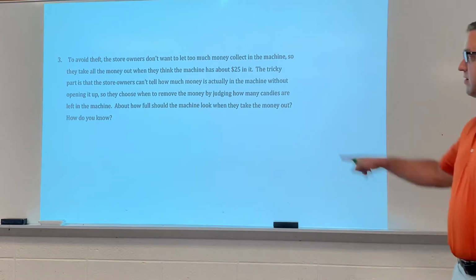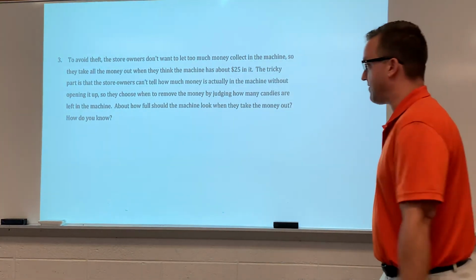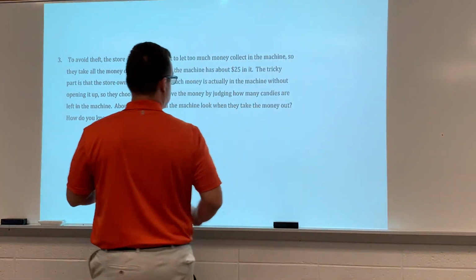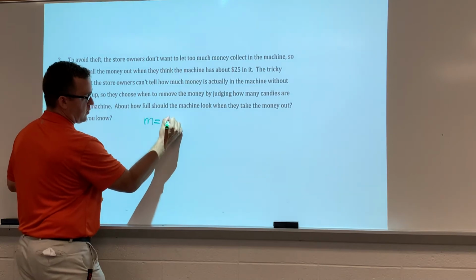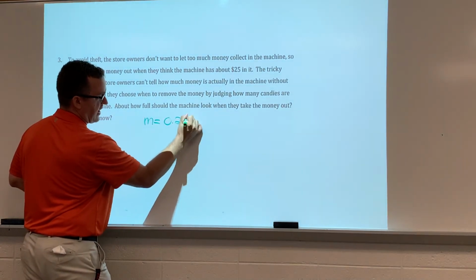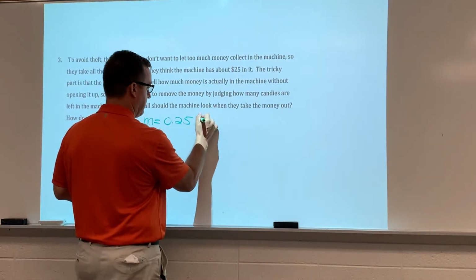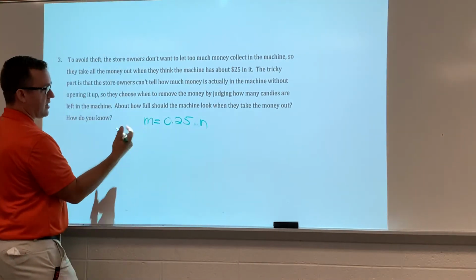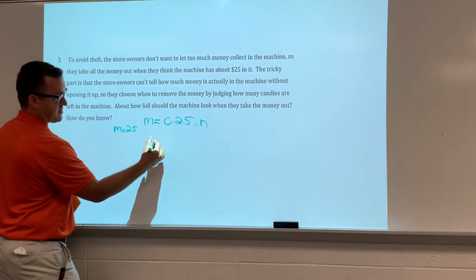First of all, let's figure out how many customers it's going to take to generate $25. The money equals 0.25 times the number of customers, and I'll put N again. And we know that the money is equal to $25, so I'll substitute that.